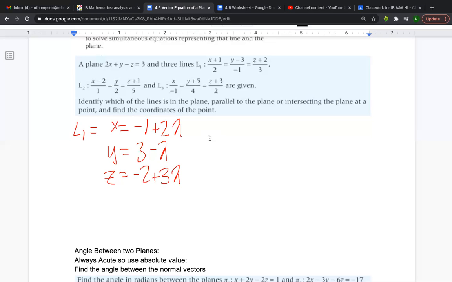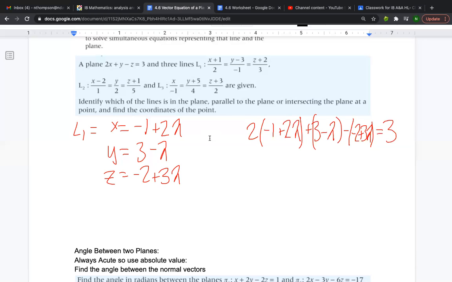So I have 2 times x, which in this case is -1 plus 2 lambda, plus 3 minus lambda, minus z, which is -2 plus 3 lambda, equals 3. Okay, from there, algebra happens.